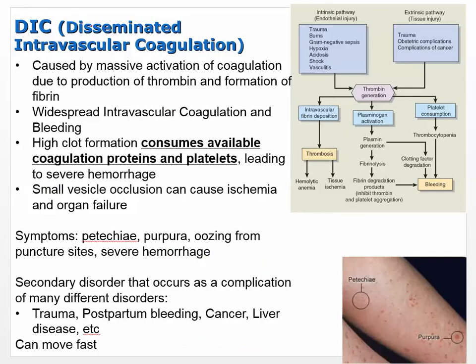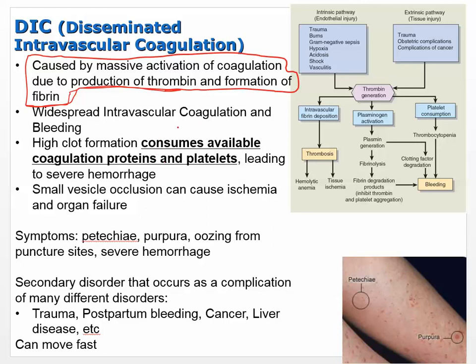Now, there's something else called DIC, disseminated intravascular coagulation, which is kind of similar to TTP, but it's caused by massive activation of coagulation due to production of thrombin and the formation of fibrin. So in this case, we're talking less about platelets. Platelets are obviously going to be involved, but we're talking about turning on the clotting factors.